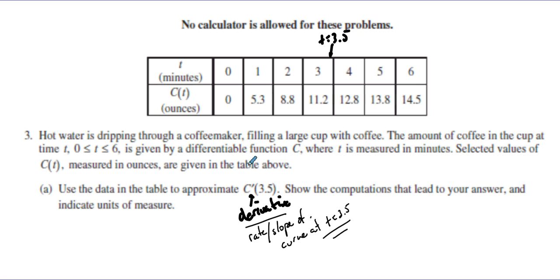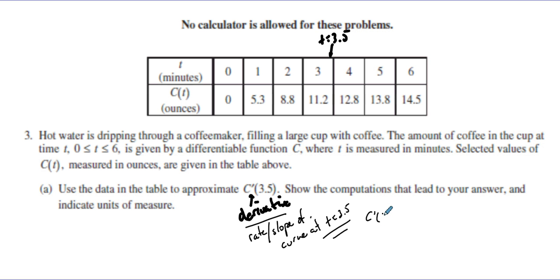In many of the problems, what we're given is a function, and we would take the derivative of that and then plug the values in. Well, in this case, we do not have a function or a derivative. We have the function c, given by a table, and we're asked to approximate c prime of 3.5. So to do that, we are simply going to find the slope.